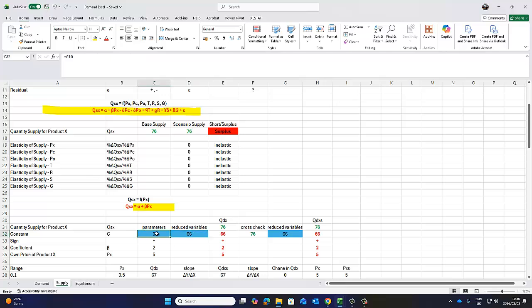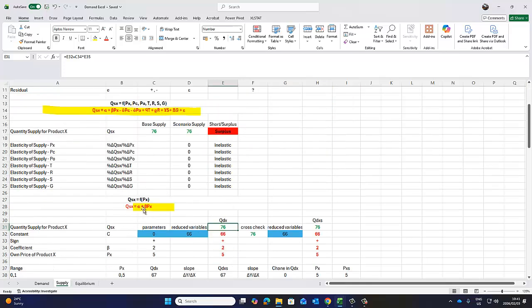So I've taken the 0 plus the 66, and my new constant is 66. Okay, sign is positive, coefficient is 2, the own product price is 5, 2 times 5 is 10, 10 plus 66 gives me 76.